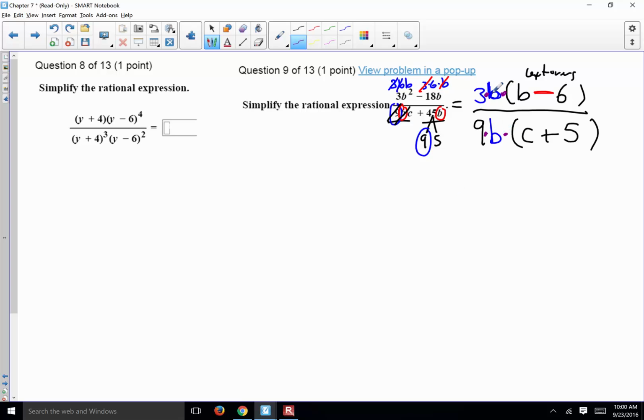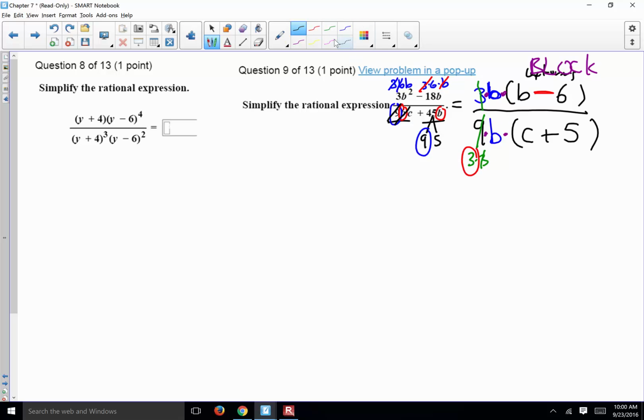So 3 times b minus, there are 3 pieces here possibly can cancel. 3b and this entire block. This is a block. So blocks cancel with other same blocks, but b and 3 can cancel freely. They are separate. So 3 and 9 can cancel, right? 9 has double 3. So when you kill 1, you still have 1 more left.